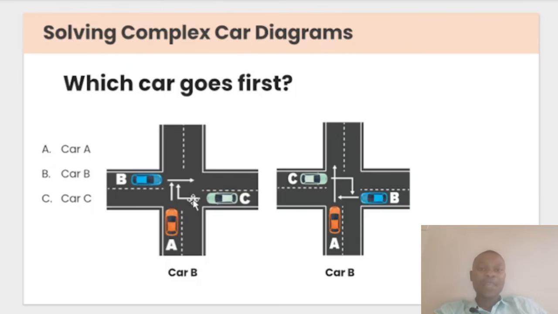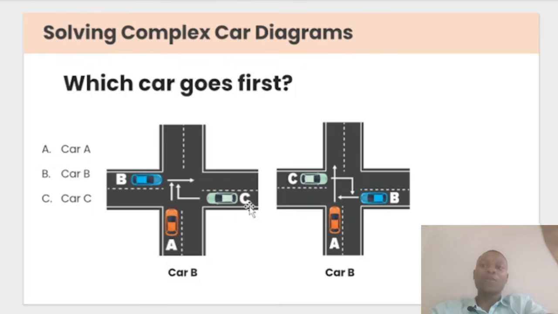You see, car C here is about to turn right, but it cannot turn right in front of oncoming car B. So car C definitely should not go first. Car C can move and stop here because this turning right of car C is prohibited. So car C has to give the right of way to car A, and to car B. The right of way has now been transferred from car C to car B.